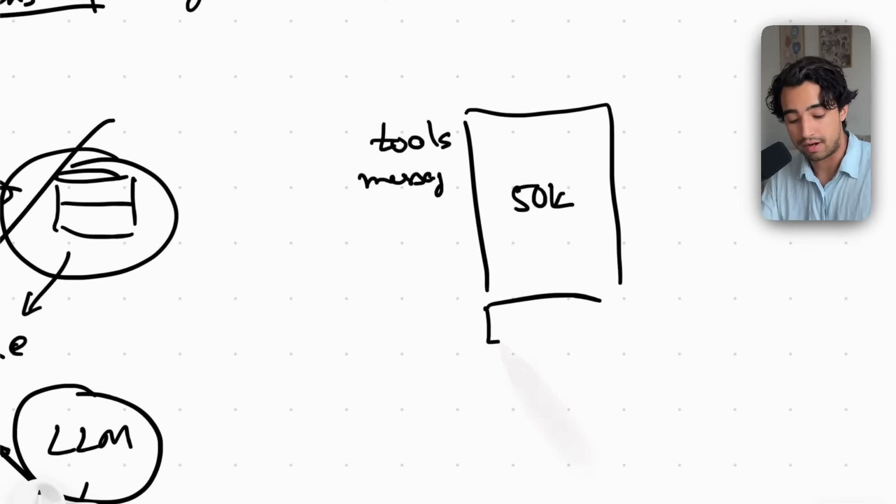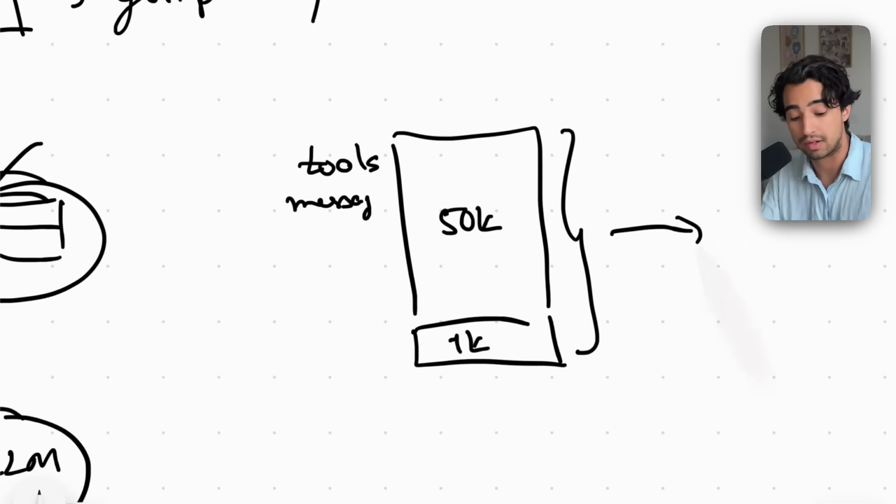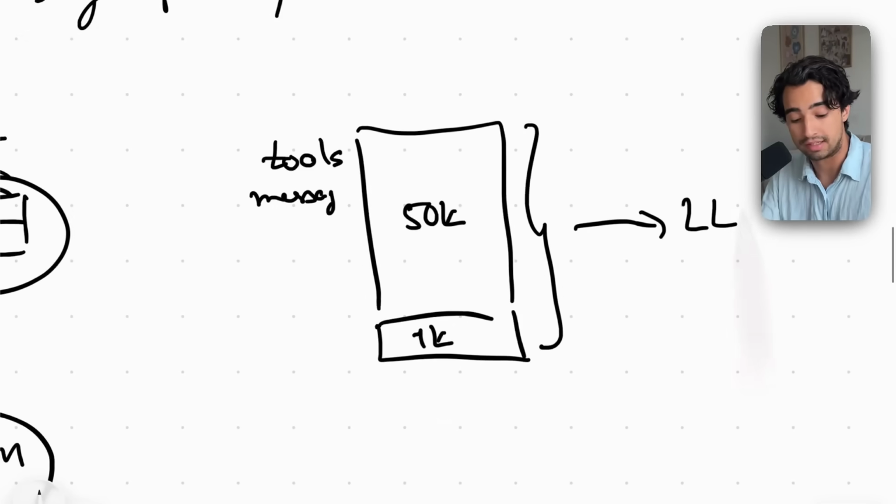Let's say that you write a very long new prompt and it's another 1k tokens, so now you have 51k tokens. In order for your agent to have full understanding of the context of your conversation, you have to send the full 51k tokens to the LLM.